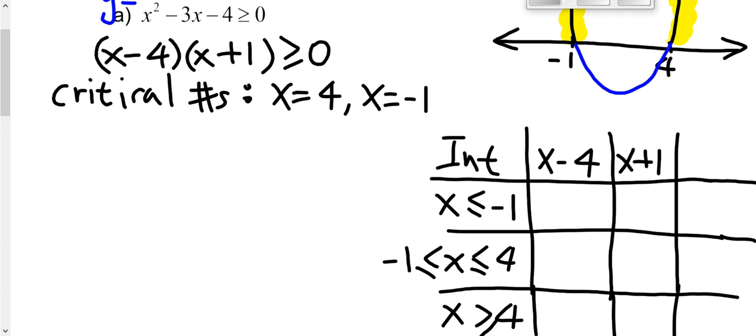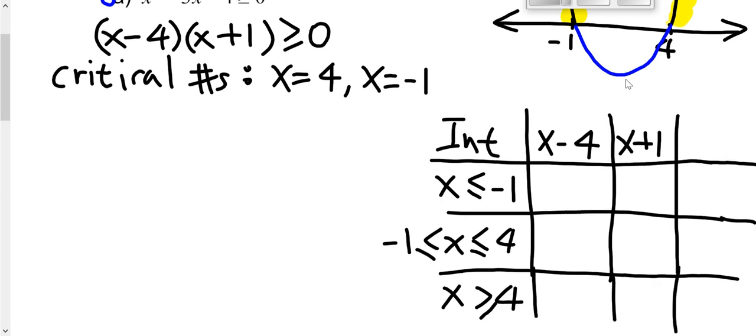Alright? And the last thing we need to do to set up this interval chart is to find some test points. So pick a random number in each region.